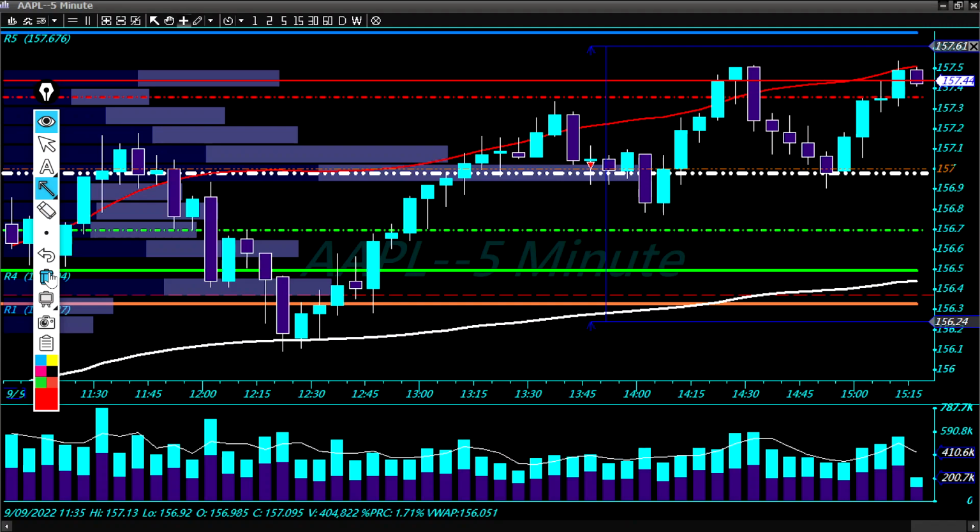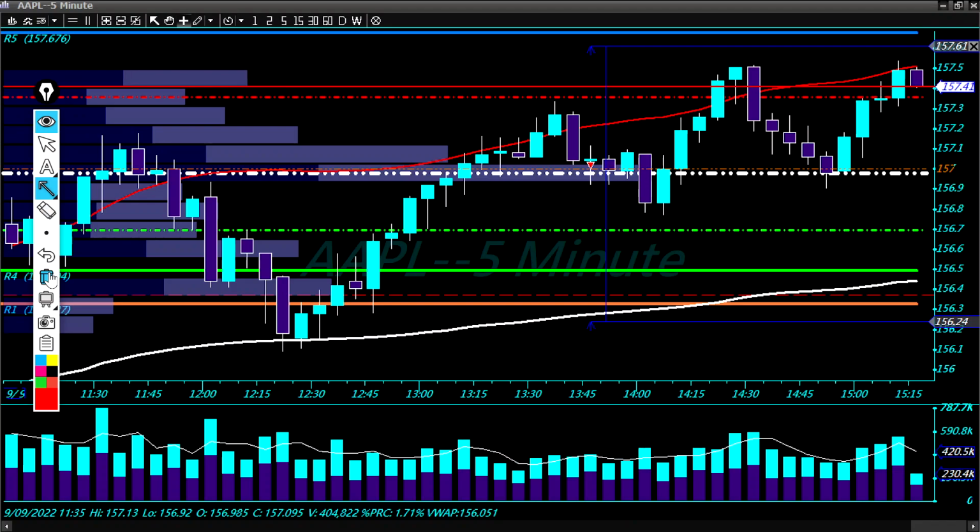So we're getting this wick rejection right here at 157.50. That's the upper VWAP line. So let's see if it pulls back. Right now it's 3:17.